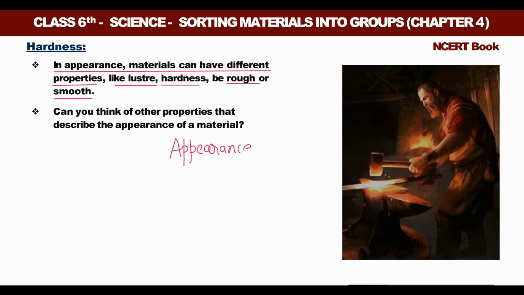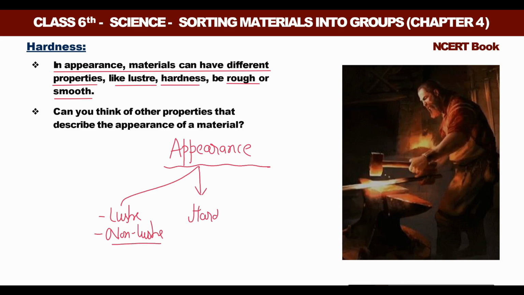Color and all these things are also important, as color is an important part of appearance. But here I am talking about whether it is lustrous or non-lustrous. This is a property of that material. Another property: it can be a hard material, or a soft material.